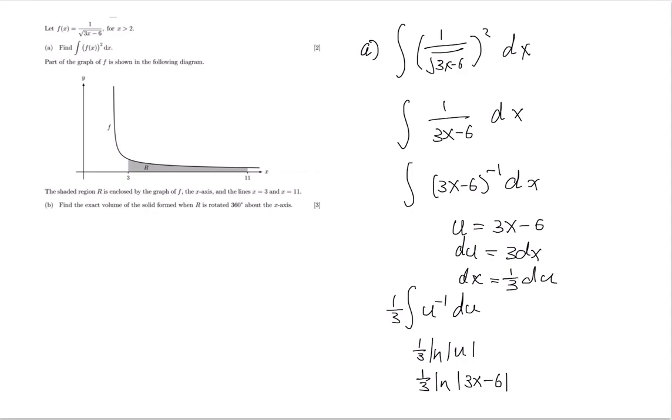However, we know that x is greater than 2, so we can just take out this absolute value to get 1 over 3 ln(3x minus 6).